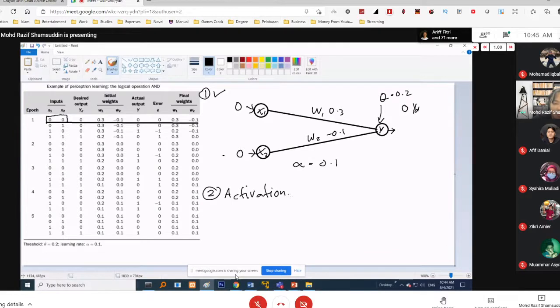Betul. Okay, so activation is to produce the output here, Y. So macam ni kita nak kira activation, Y equals to step apa?